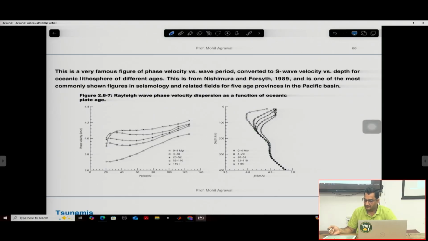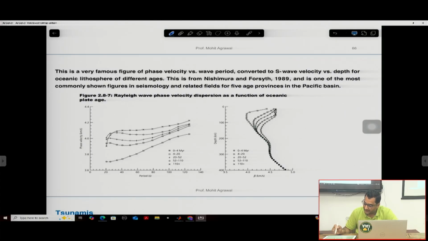Okay, in this example, this is a very famous example by Nishimura and Forsyth in 1989, which is one of the most commonly shown figures in seismology and the related fields for 5 age provinces in the Pacific Ocean or the Pacific Basin.